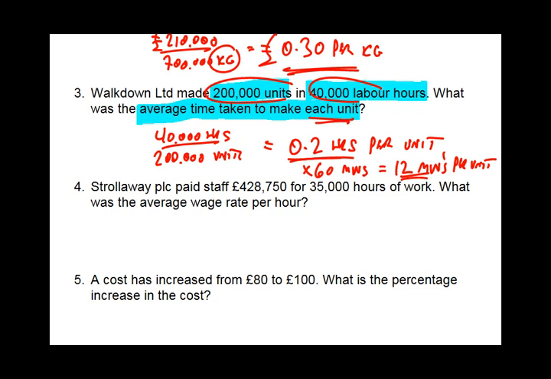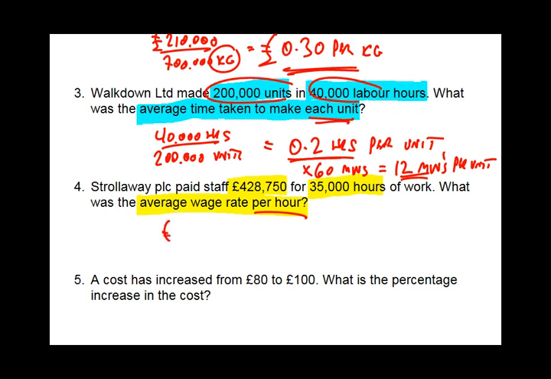So Strollaway PLC paid staff £428,750 for 35,000 hours of work. So a large cost figure, a large number of hours. Let's boil it down to an average wage rate per hour. So remember, the per hour is telling us what we put at the bottom of the calculation.